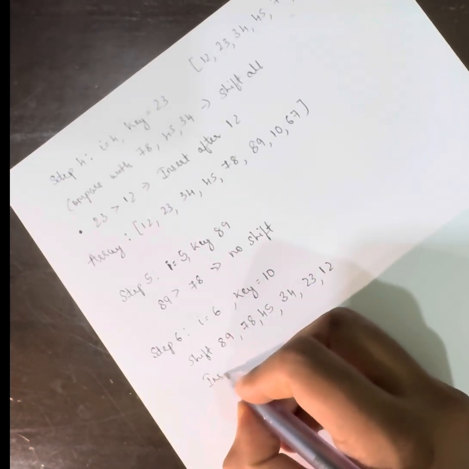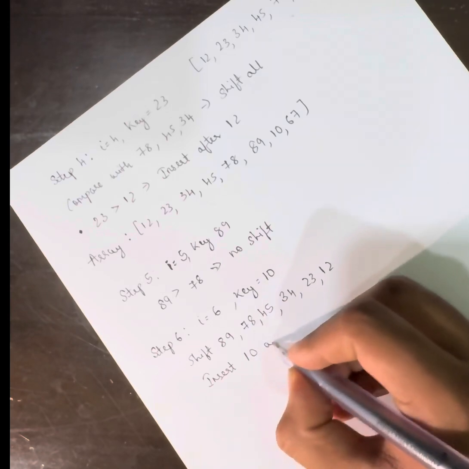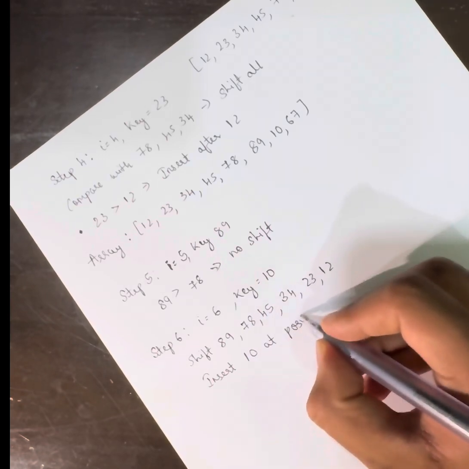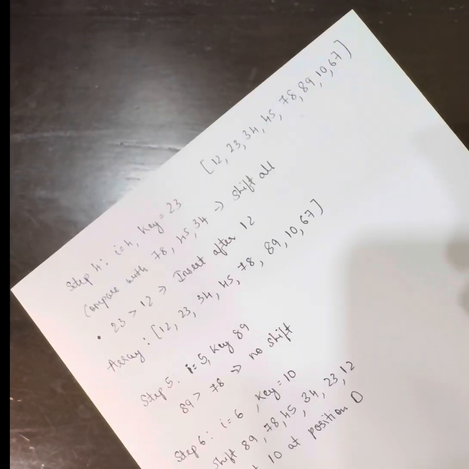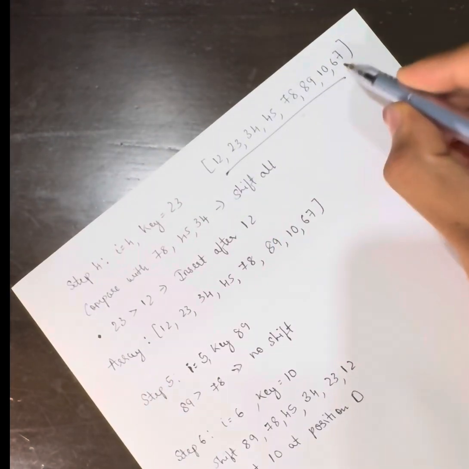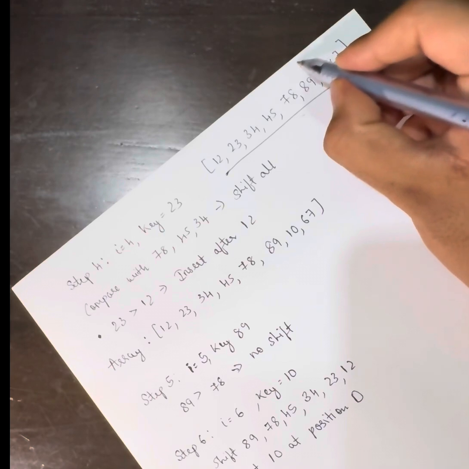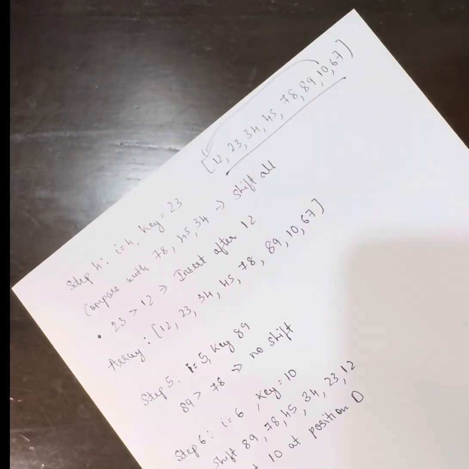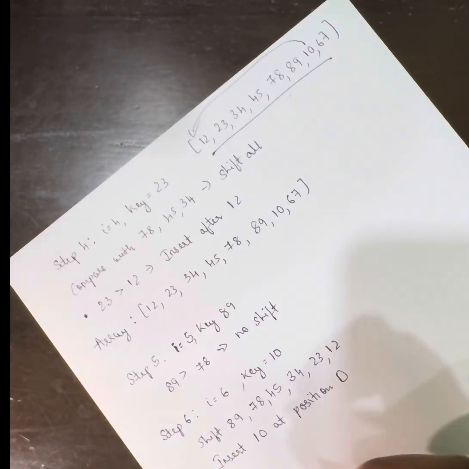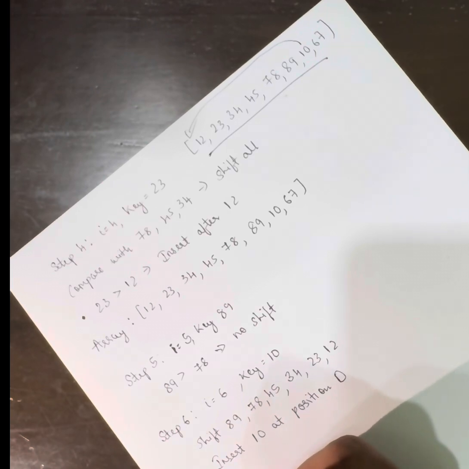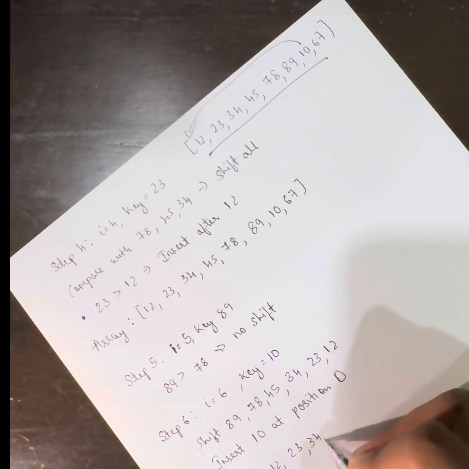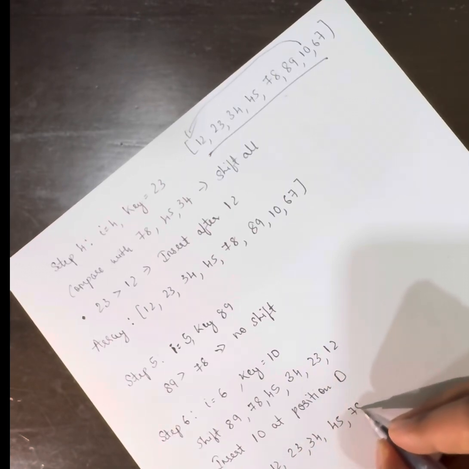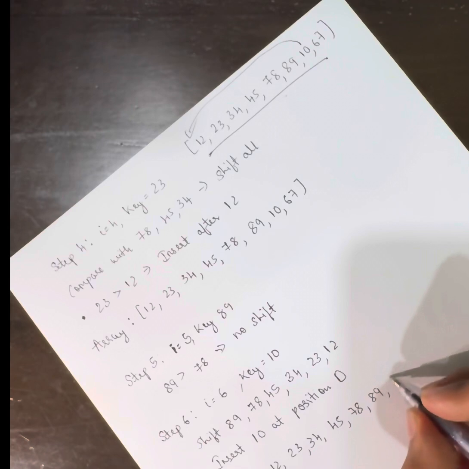Insert 10 at position 0, since it is less than all the numbers we have in the array. So 10 comes in the 0th position. Now the array will be 10, 12, 23, 34, 45, 78, 89, 67.